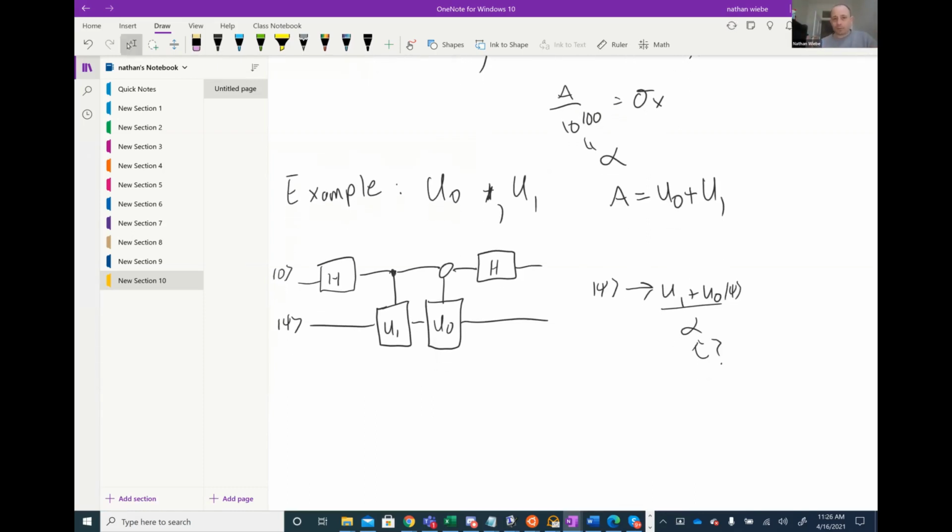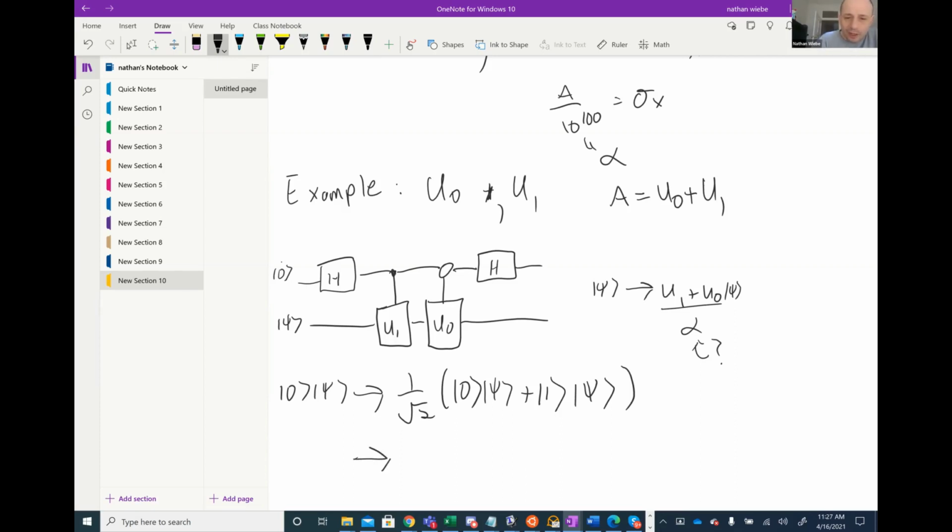So let's go through and do it. First thing we have is the state 0 psi. We're applying a Hadamard gate to 0. So that ends up mapping to 1 over root 2, (0 psi plus 1 psi). Now this empty circle means 0 controlled. So in the branch where the first qubit is 0, I'm going to apply U0 to psi. And in the branch where the first qubit is 1, I'm going to apply U1 to psi.